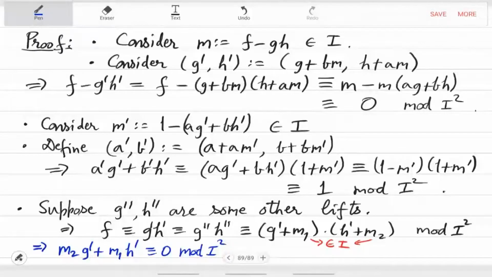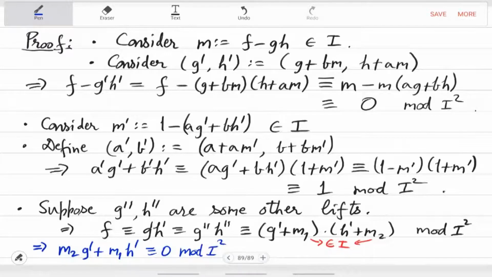What do you do next? Yeah, use the Bezout identity for g prime h prime. Yeah, you might want to cancel these things out, but that is actually not legal in this arithmetic. So the only thing you can do is multiply or add. It's a ring, right? So let us just multiply by a prime.